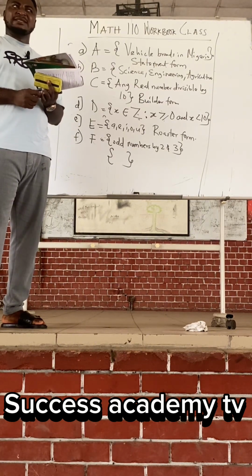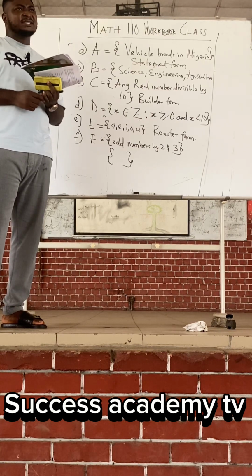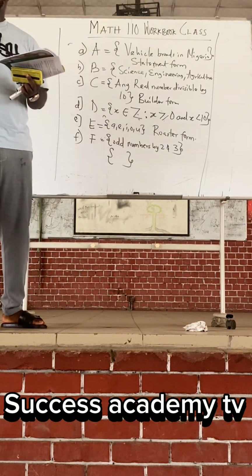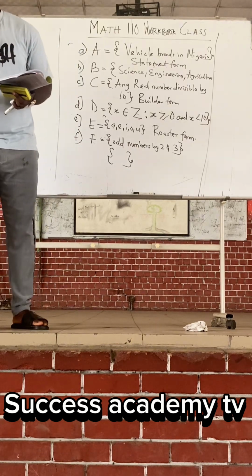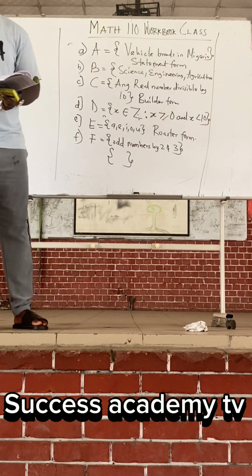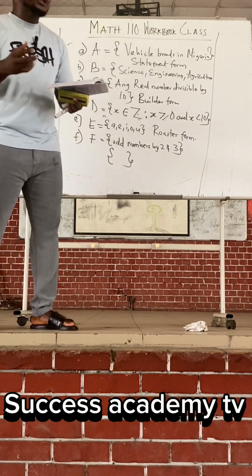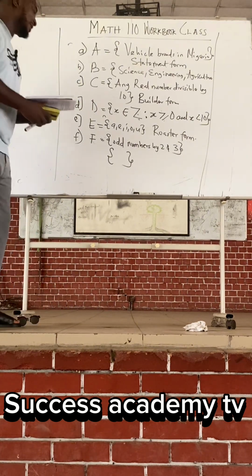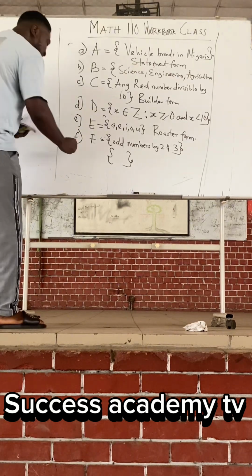Why is something telling me that there might be a number? But it's going to be difficult. You know why? There's no odd number that can divide 2. Do you know that, right? Numbers that are divisible by 2 should be even. It's true, it's an empty set. Now let's go to G.